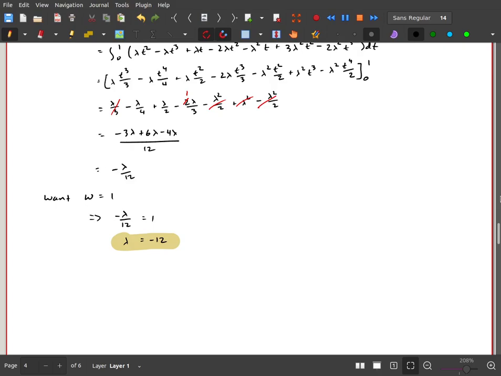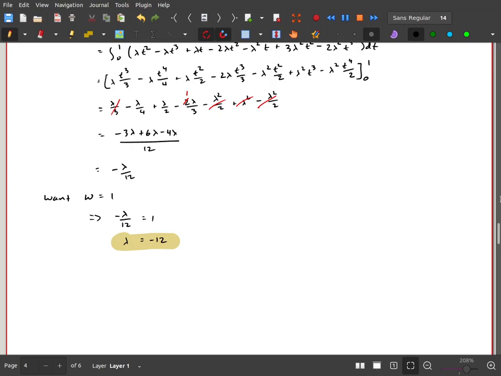So in this question, once you know how to set things up, and in a lot of questions in this course, the execution is not the difficult part. It's the setting up that's the difficult part. Once you know, okay, what is work? How do you get that? How do you convert everything into our parameter t, set up the limits of integration?